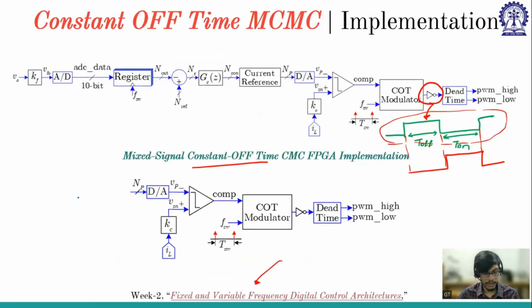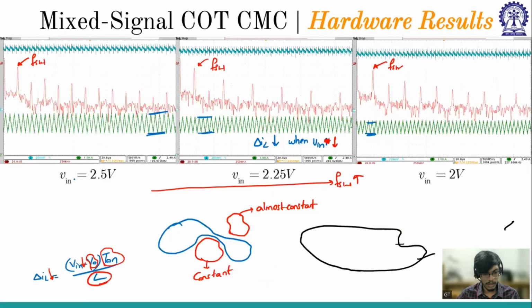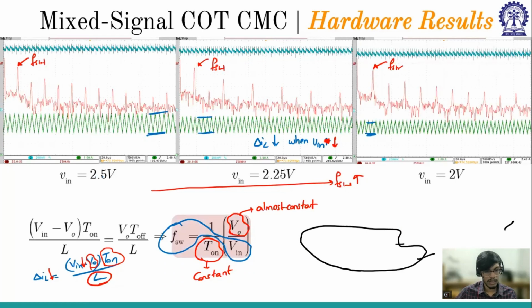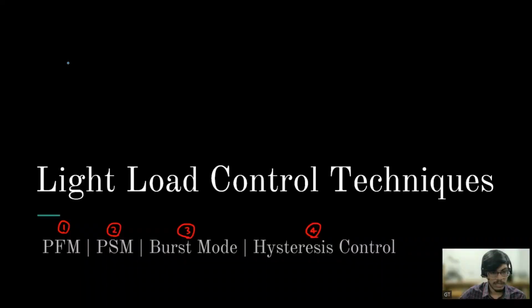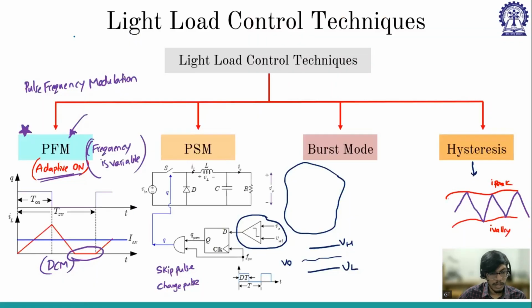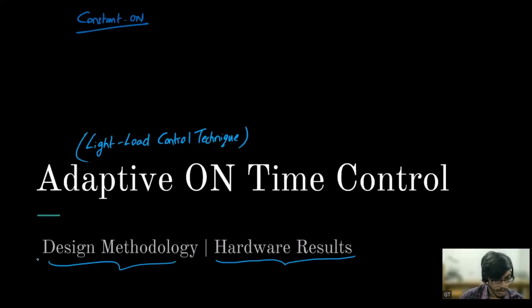So delta IL is V in minus V naught into T on by L. I'll write this. Delta IL is V in minus V naught into T on by L.